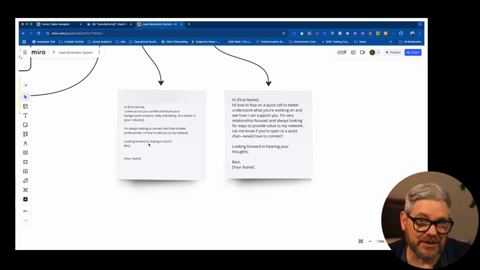Now, this gets me normally north of 40%. So if I send out 100 connection requests, which is what we can send out on a weekly basis on LinkedIn, I will roughly get about 40% plus from that where the individuals will connect with me. Now, my profile is pretty well dialed in. It's dialed in though for marketing.